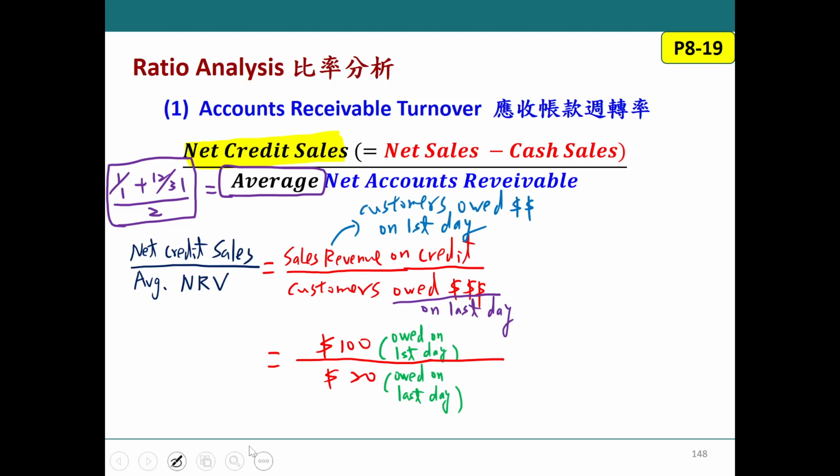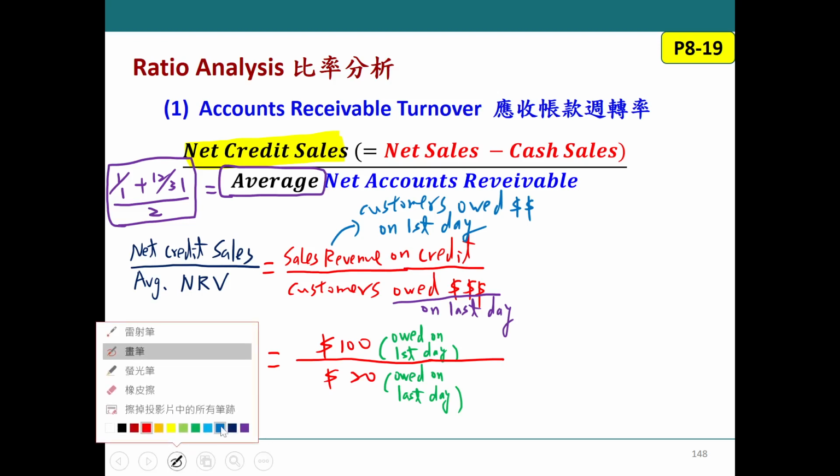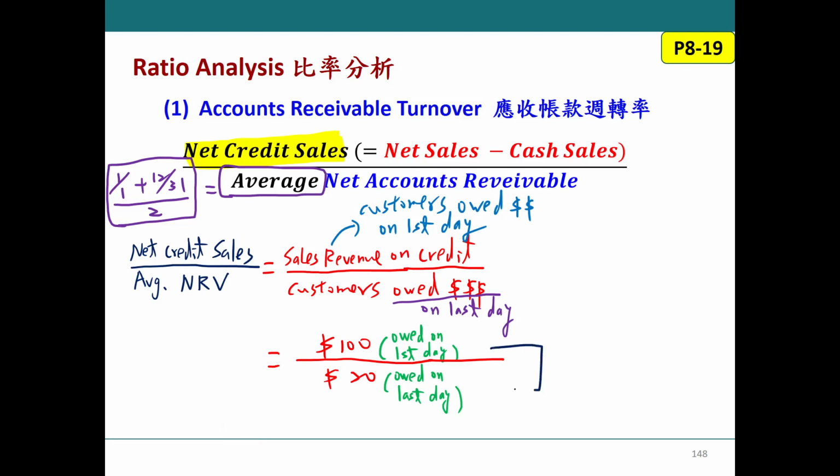So for the whole year, the customer paid 80 to you already. So for this ratio, is higher better or lower better?